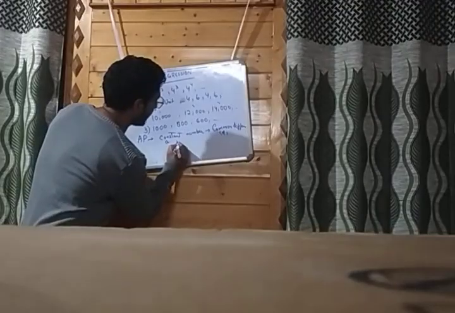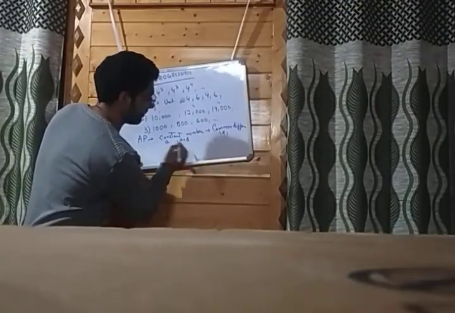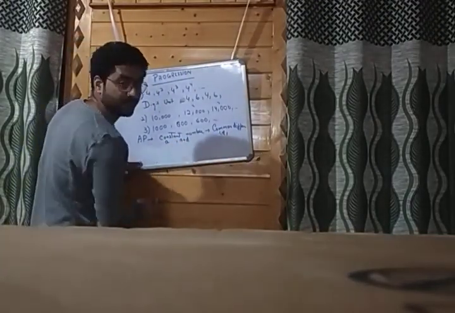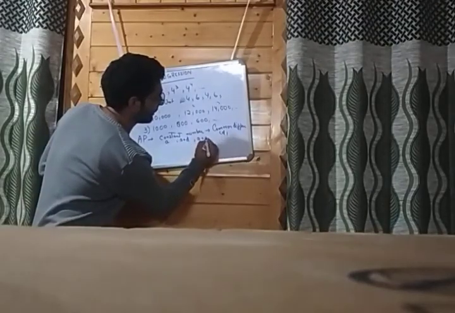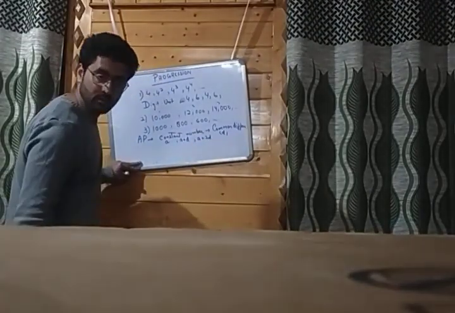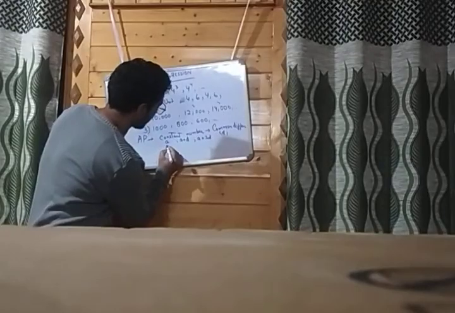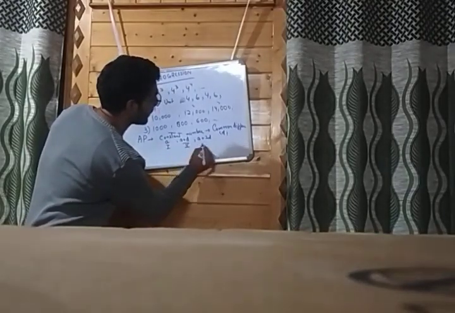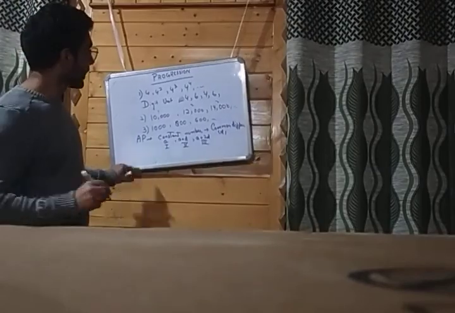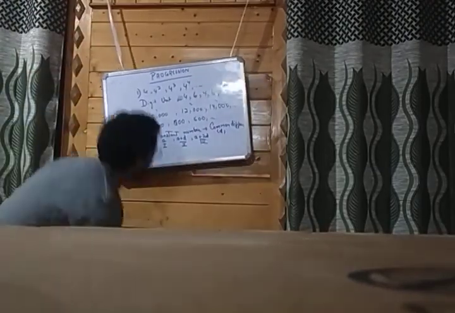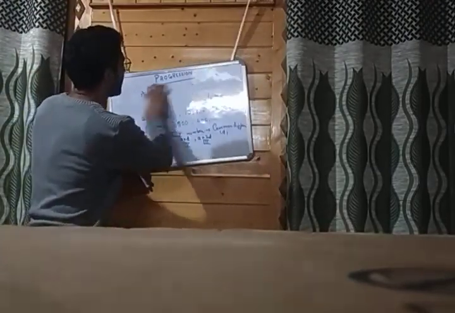This is the first term, this is the second term, this is the third term, and so on. Each number is called a term, and the constant figure that is added or subtracted is called the common difference. If we have a number a, I will add to it d, so a plus d. This is the second term. Now I will add one more d, that's a plus 2d. This is the third term. You are getting it?